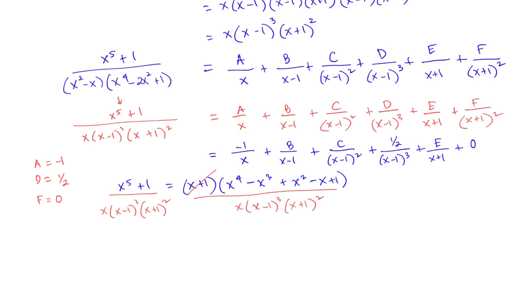Notice a factor of x plus 1 cancelled out. Thus, the least common denominator is actually x times (x plus 1) times (x minus 1) cubed.